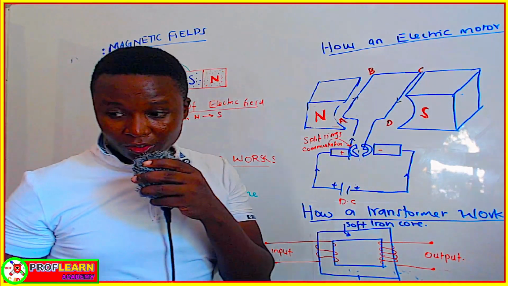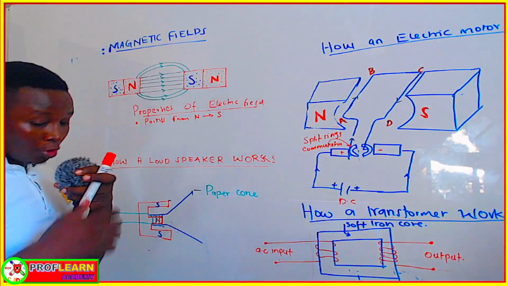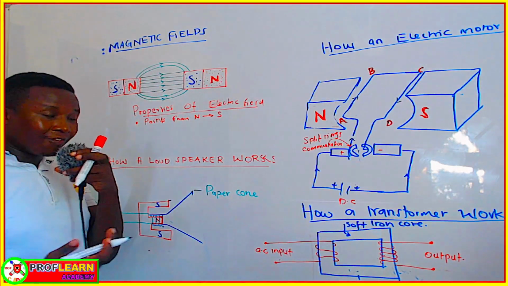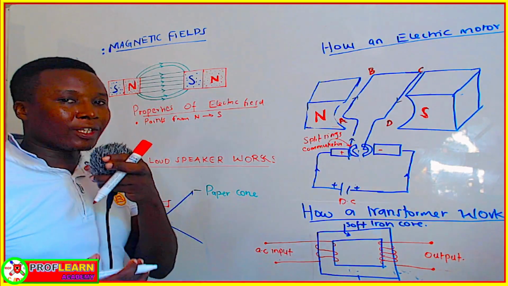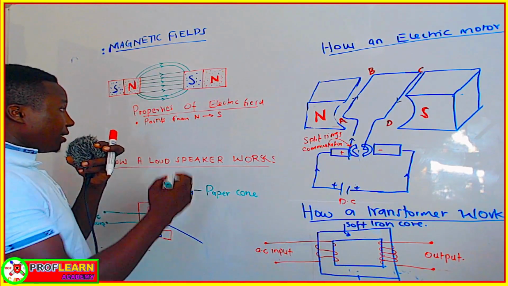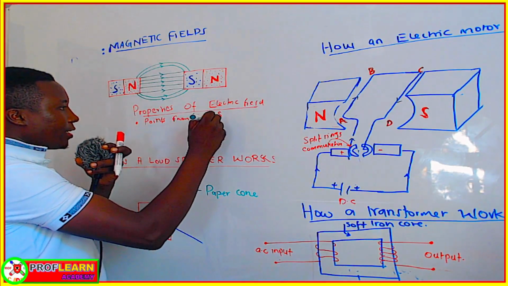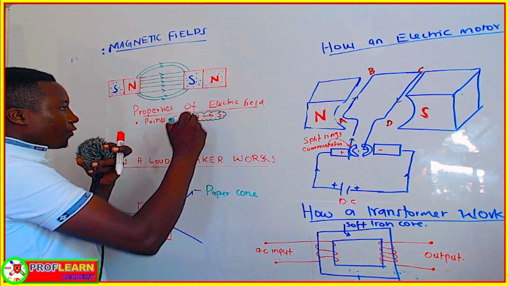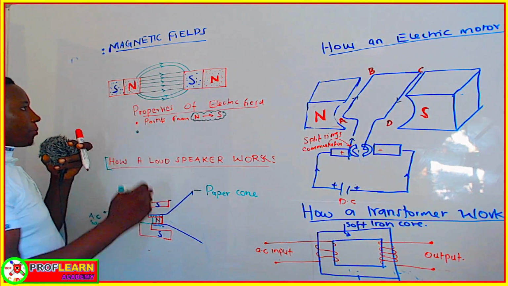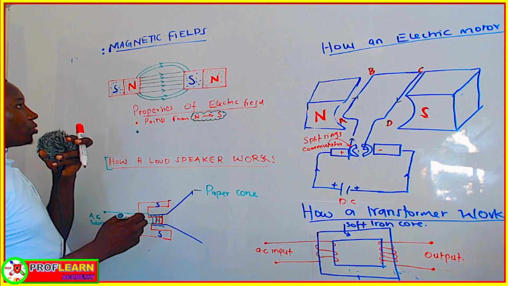That's one of the concepts that you ought to remember. If you are given questions where you are told to identify the mistakes in a diagram that has been drawn, you have to check whether the fields are pointing from the north to the south.